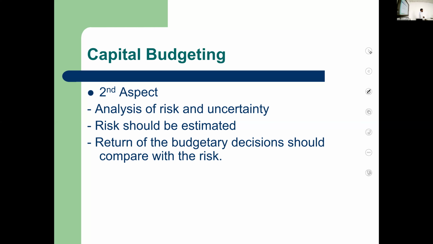The uncertainty compared to capital budgeting is low. But when it comes to capital budgeting, we are planning for 2, 3, 5, 10 years, right? So we can't predict such a future. Clear? So the second aspect is you must analyze the risk as well as the uncertainty related to those investments. Clear? That's the thing.